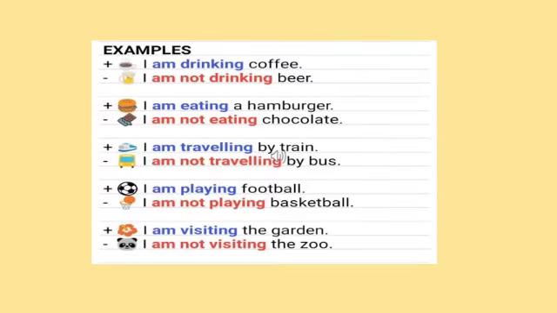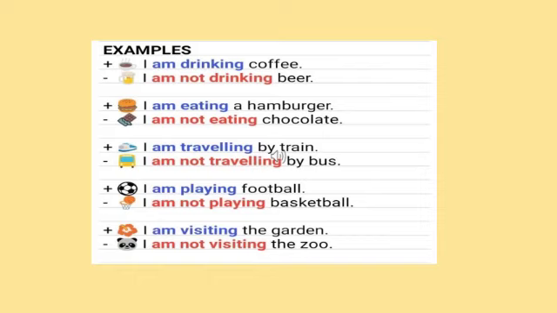After learning the structure of both affirmative and negative form, let's have a look at these examples. I am drinking coffee. I am not drinking beer. I am eating a hamburger. I'm not eating chocolate.